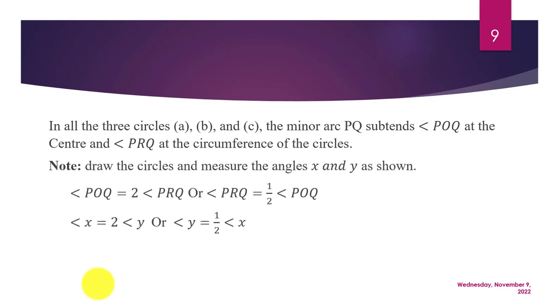By this theorem, we say that angle POQ is twice angle PRQ, or angle PRQ is half of angle POQ. Therefore, x is equal to 2 times angle y, or y is equal to half of angle x.